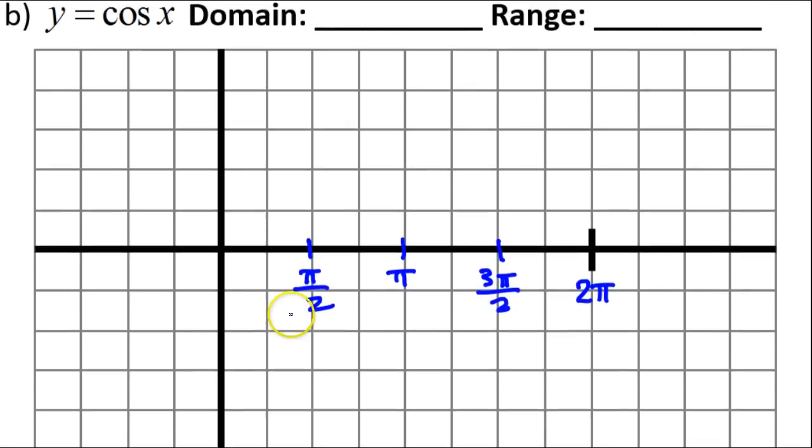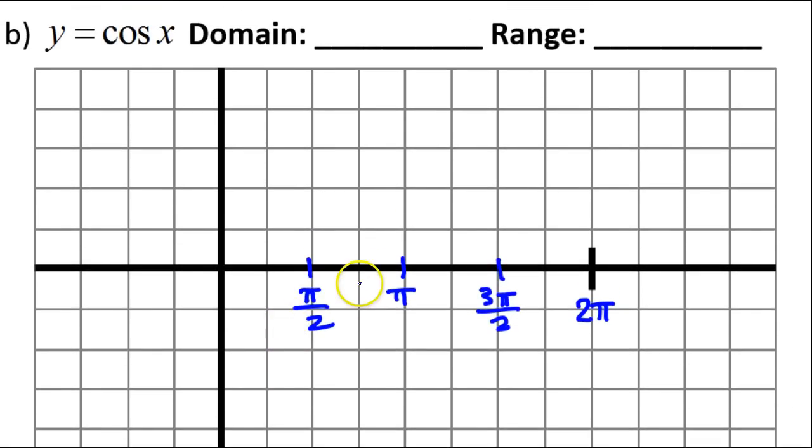Okay, but here's where it's different. And let's see, this is 1, this is -1. The cosine function does not start off at the midline. Alright, it starts off up at the amplitude, at its high point. And then it drops down to the midline, and then goes below, and then back to the midline and above.